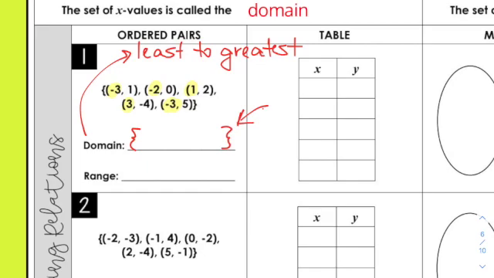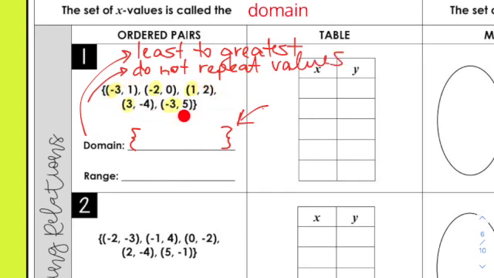And if you tell me that negative 3 is included, then negative 3 is included. You don't have to say it again, because I'm just asking you which values are included. So the second thing that you have to remember about domain and range is you do not repeat values.